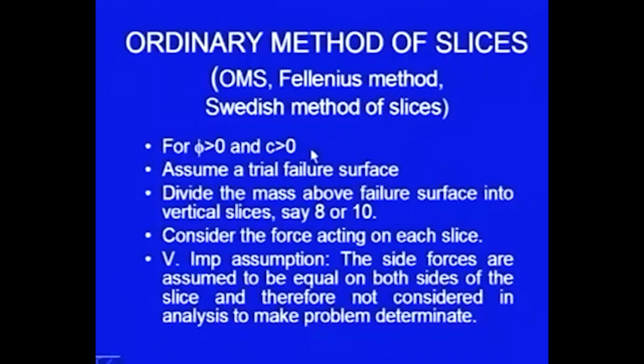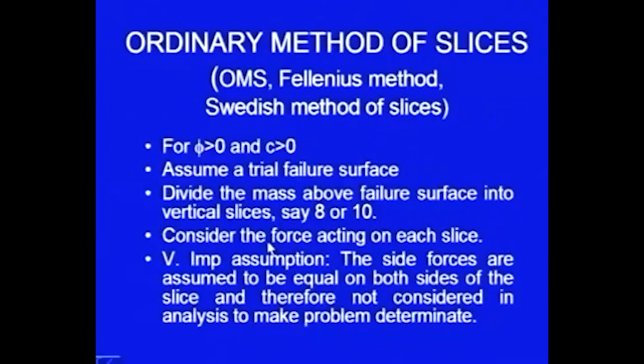So, it is for C-phi soil, and the basic concept is the same. We assume a trial failure surface and then divide the mass above the failure surface into vertical slices, and depending on the nature, 8 to 10 will be sufficient, though there is no hard and fast rule.